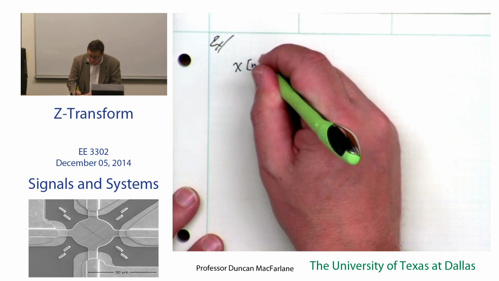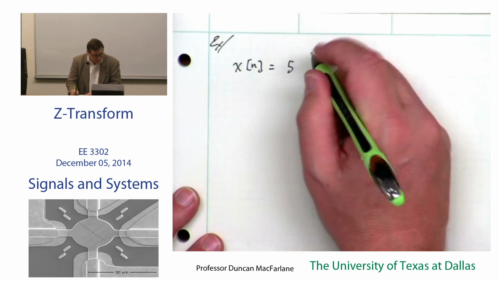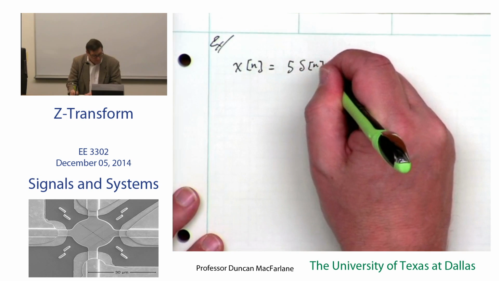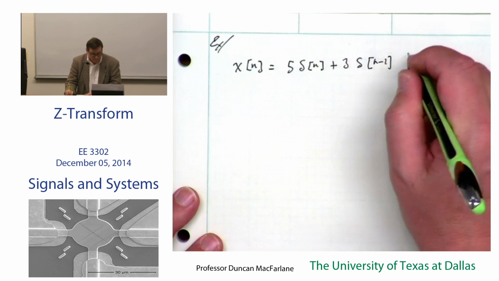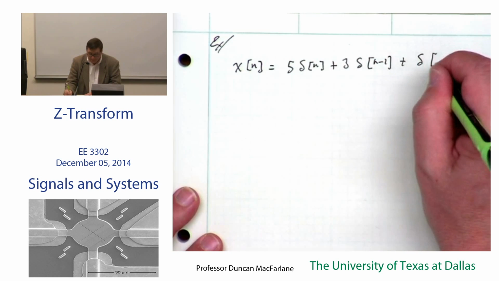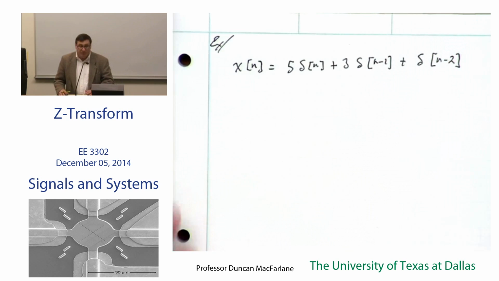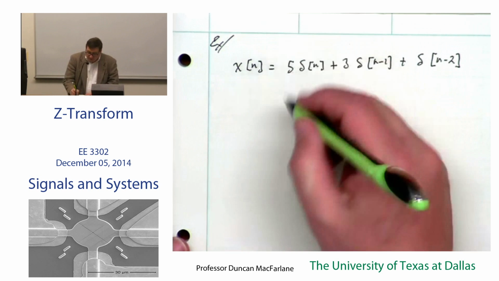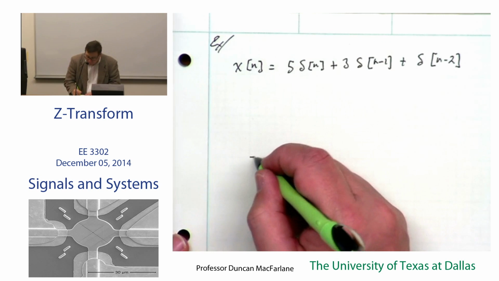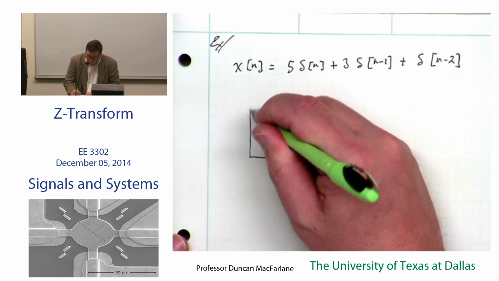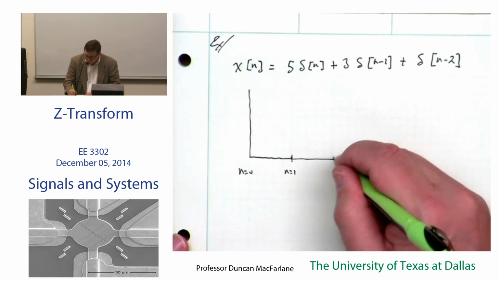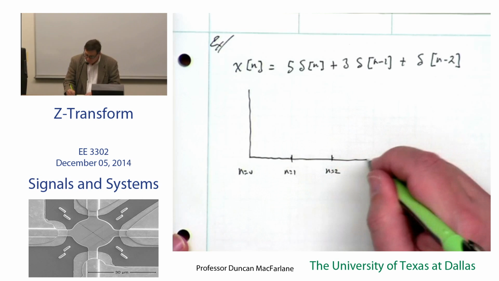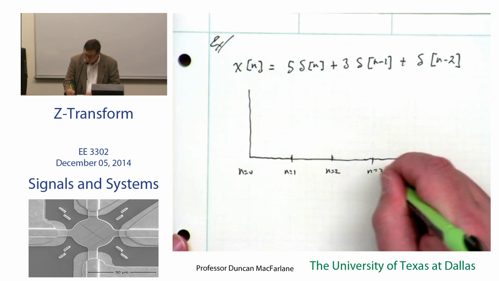I just kind of pluck these out of thin air. So 3 delta functions, 3 sampled points. If I plot this, n equals 0, n equals 1, n equals 2, n equals 3.